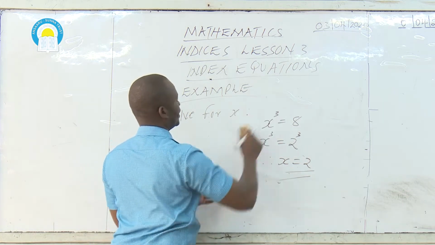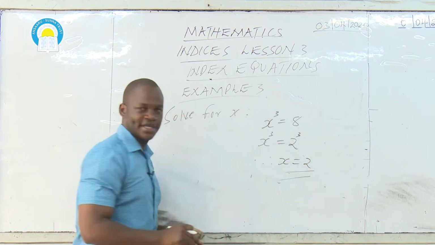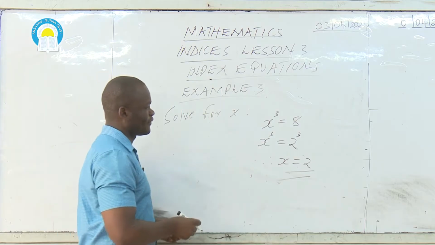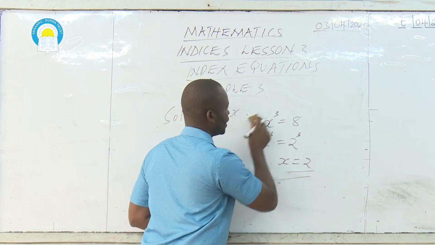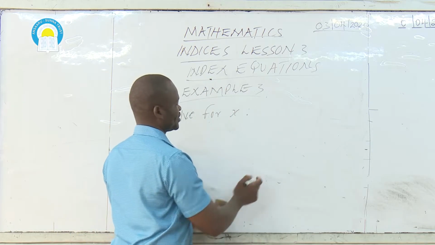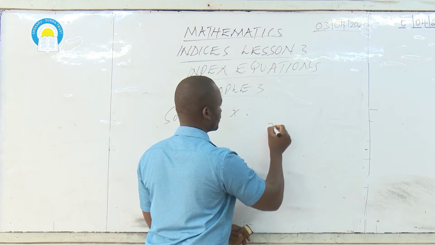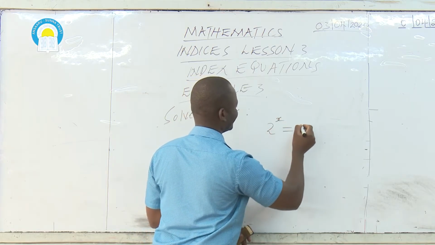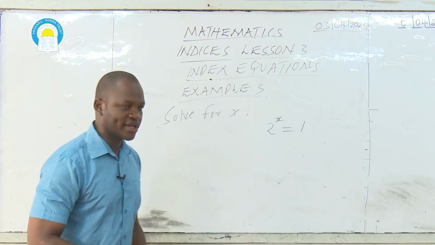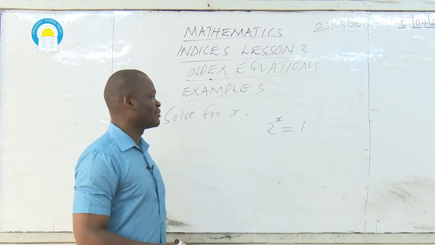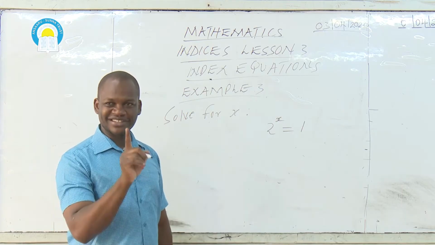Now, we go to example number 3. Again, solve for x. You are given the equation 2 power x is equal to 1. Now, at this level, you remember the zero index law.